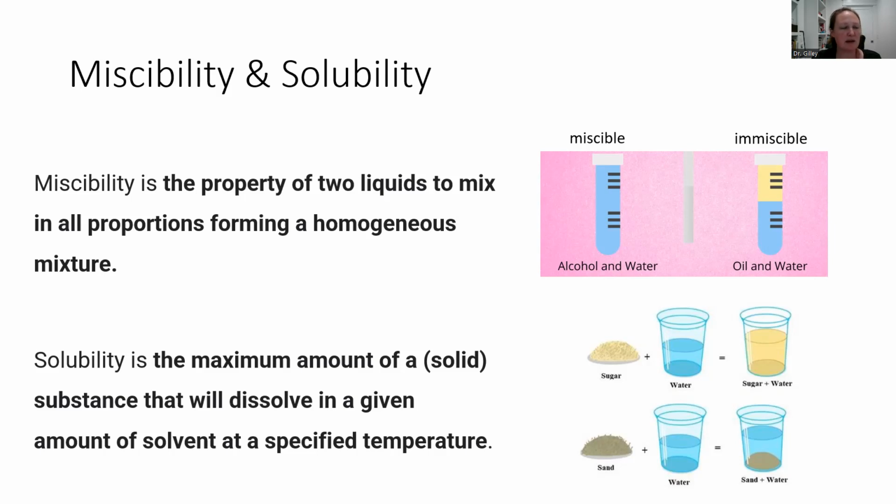So for this experiment, we are going to define miscibility as the property of two liquids to mix in all proportions, forming a homogeneous mixture. So basically, we're talking about two liquids, and if you mix them together, and you want to give them a good chance of mixing, right, shaking, will they mix together in any proportion, or will they form distinct separate layers?